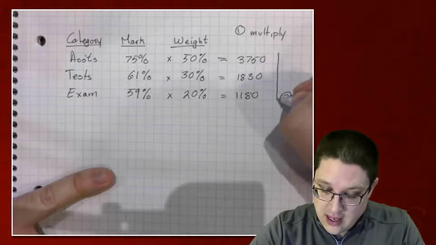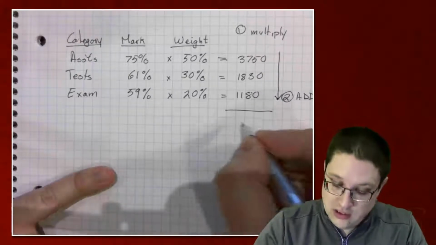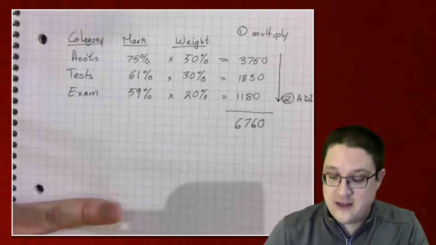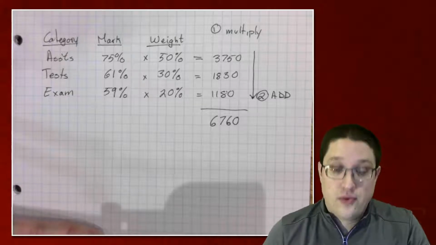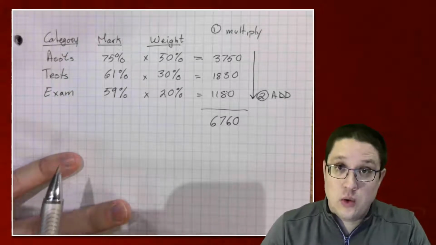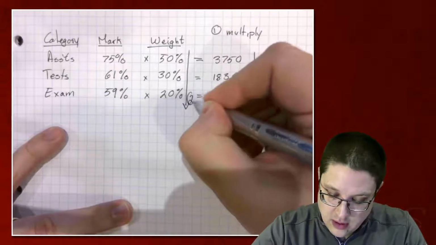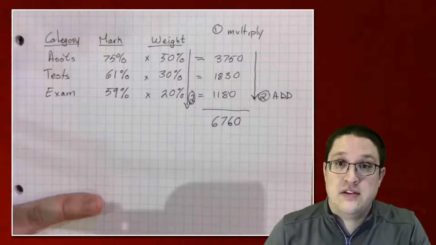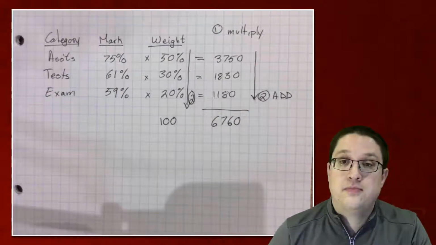So I'm going to add all of these up, and that works out to a total of 6,760. Now, step two, we need to continue, and we also need to add up our weights here. So in this case, it's really easy. 50 plus 30 plus 20 is 100.